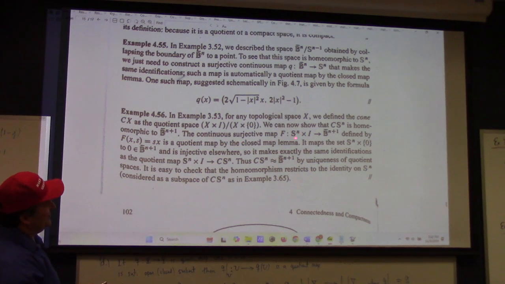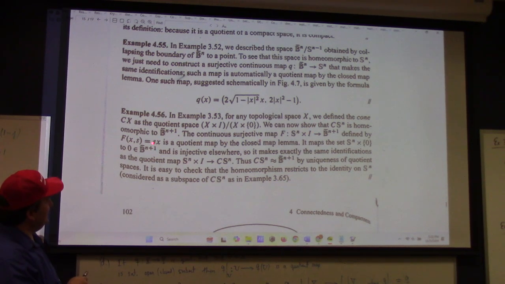The continuous map f from Sn cross the interval is, you can just define it to be, this is a really cool map actually. You take the direction from Sn and then you just scale it by the number over here.